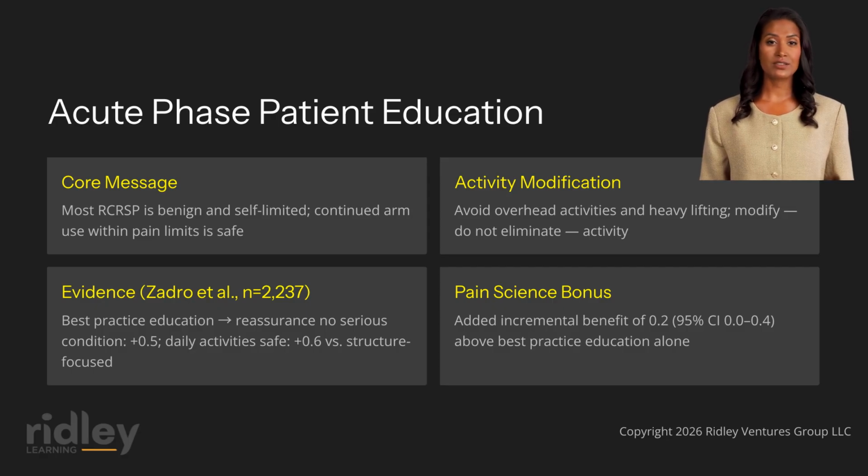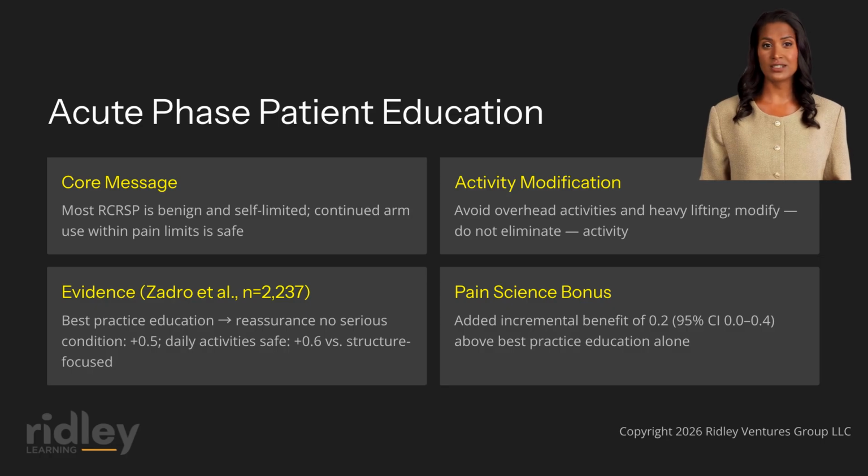A large randomized experiment by Zadro and colleagues involving 2,237 participants showed that best practice education, which highlights that most shoulder pain isn't serious and recommends continued activity, increases patient reassurance that no serious condition is causing their pain by a mean effect of 0.5 on a 0 to 10 scale, a finding that was statistically significant and reliably supported across the study data, and that continuing with daily activities is safe by a mean effect of 0.6.